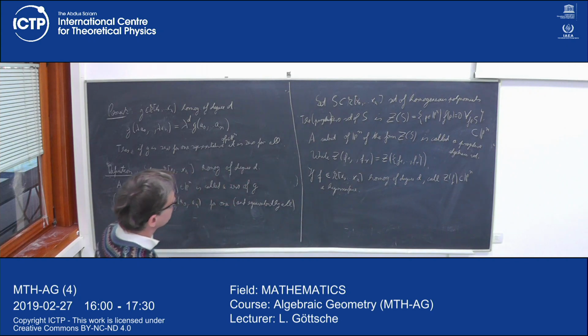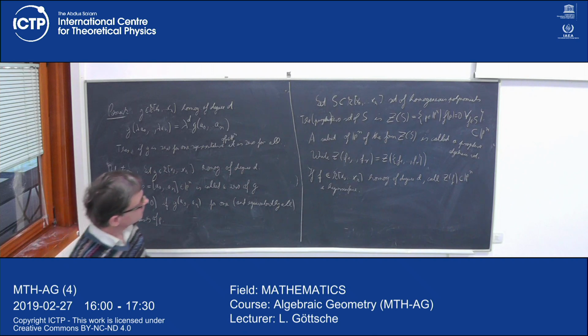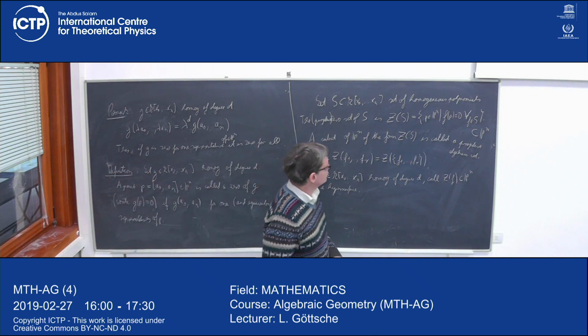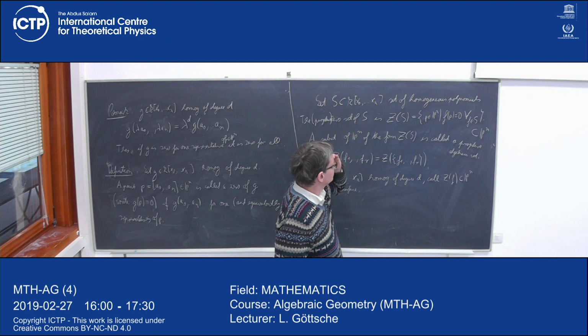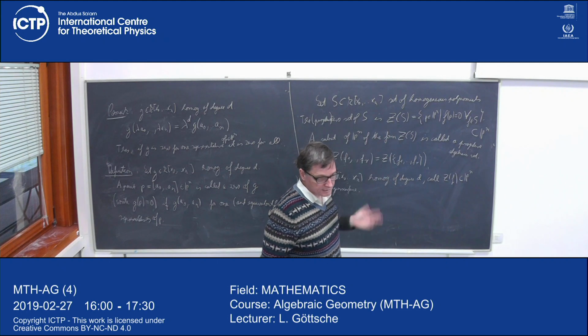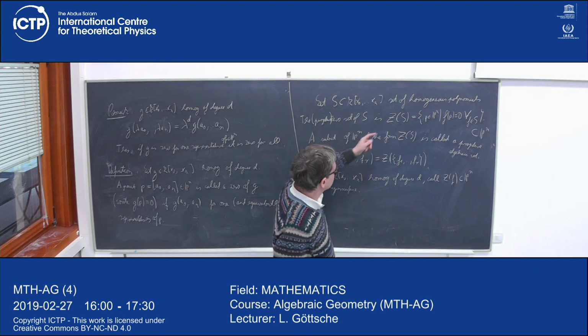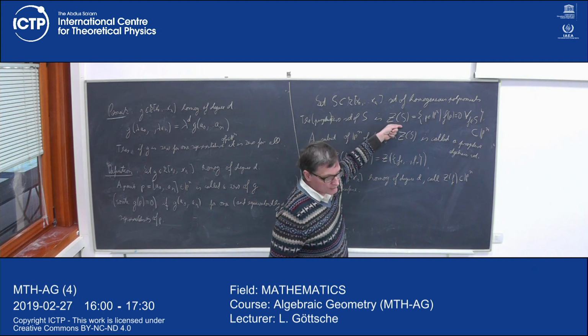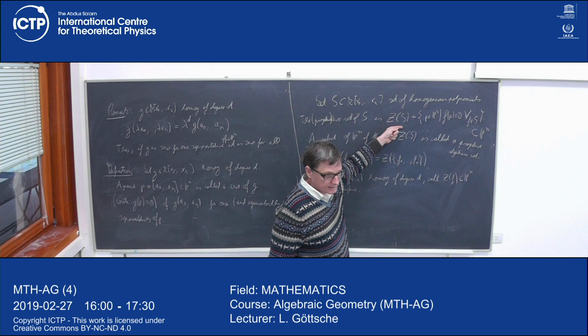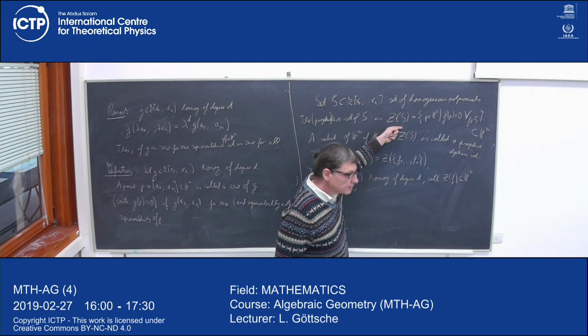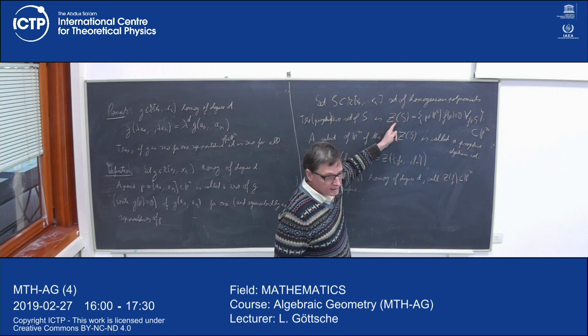So it could sometimes happen that we at the same time consider subsets of affine space and projective space. And so then we might want to, so here I've used the same notation as I did for affine algebraic sets. But if we need to distinguish, we put a P for the projective and then A for affine.